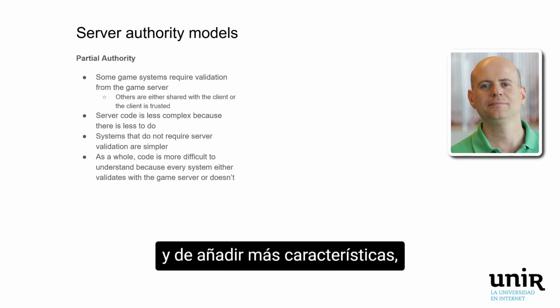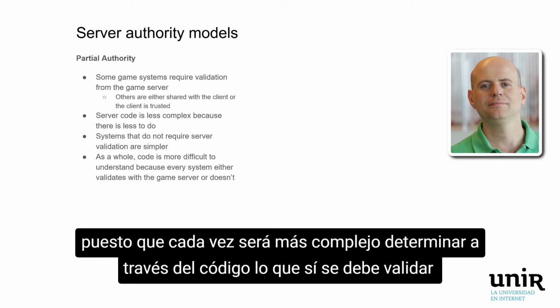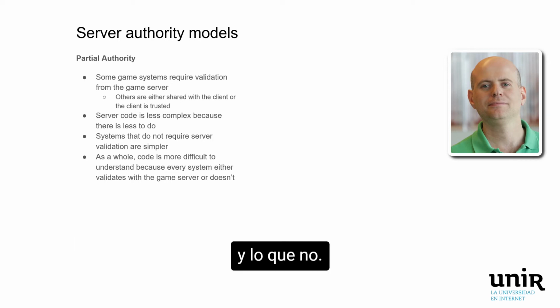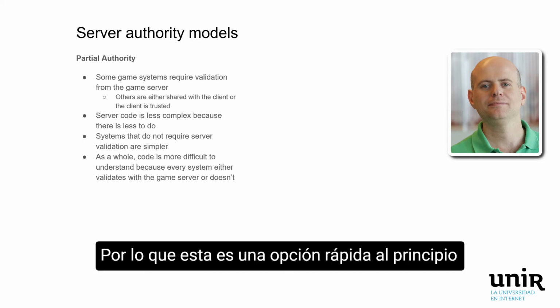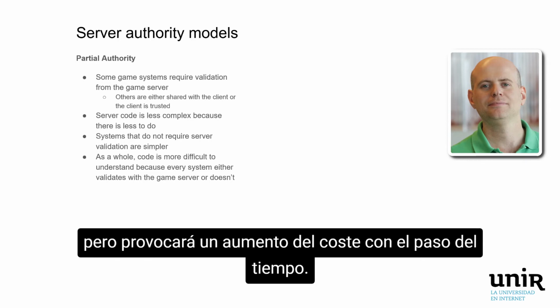It's going to be difficult to add more features because it's becoming increasingly complex to make the determination in your code about what should be validated and what shouldn't. So this is a fast choice in the beginning, but it has a mounting cost over time.